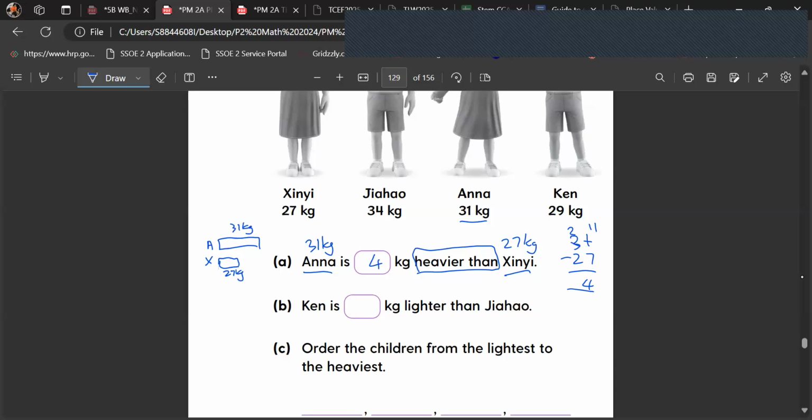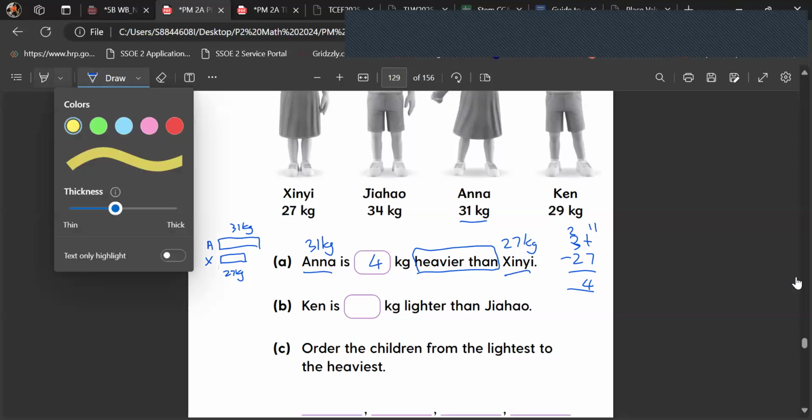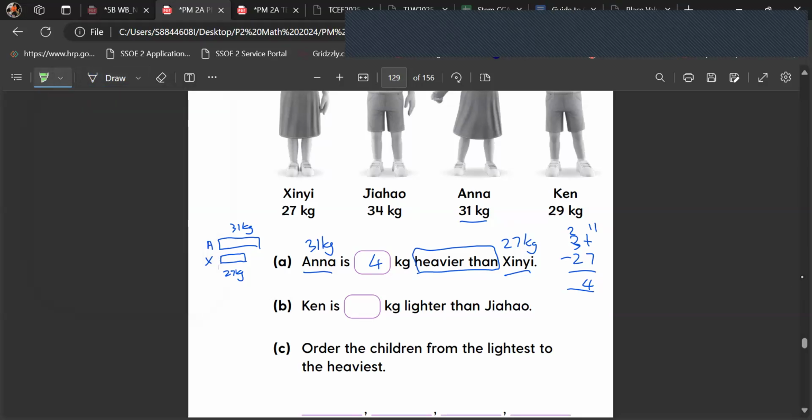The question is asking, how different are they? Which is here, this part that is popping out. The difference.